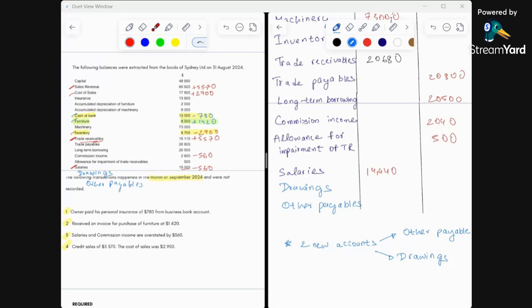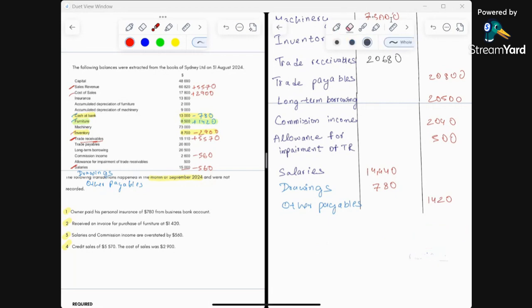And the amount for drawings was 780 based on what we have done for the first transaction. And then we have got other payables for the credit purchase of furniture, which was 1,420. And because it's a payable, it is obviously a liability, which we are showing on the credit column. Okay. All right.